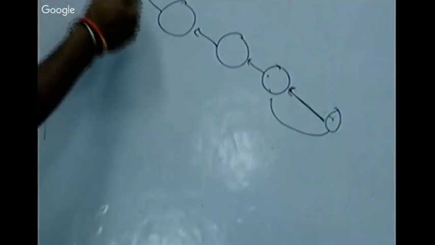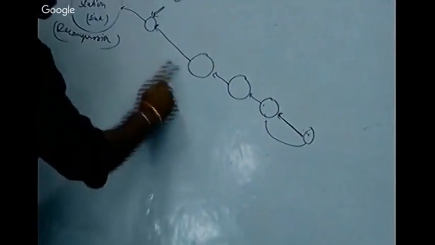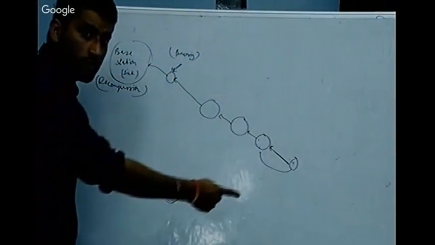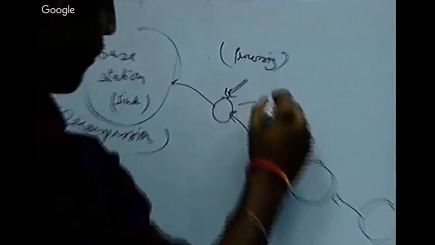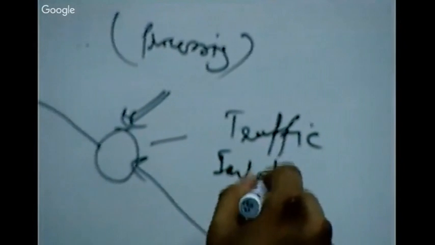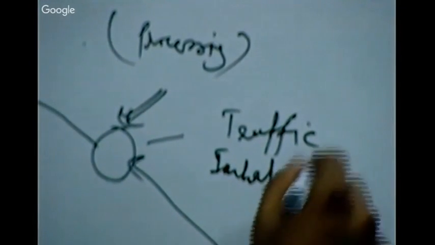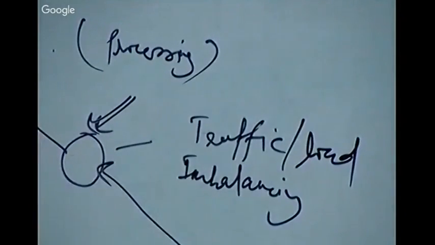So at the end, when finally you send the data here, this sensor node has the information of all these sensor nodes, and it has to process it. The traffic overload will occur here, or I can say traffic imbalance, load imbalance. This is load imbalance, because this sensor node has to handle a lot of load.